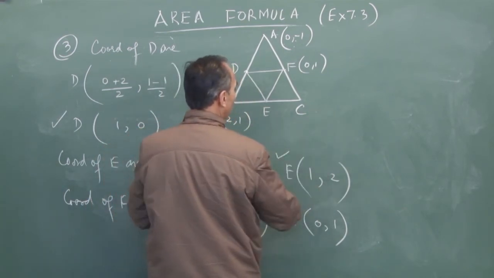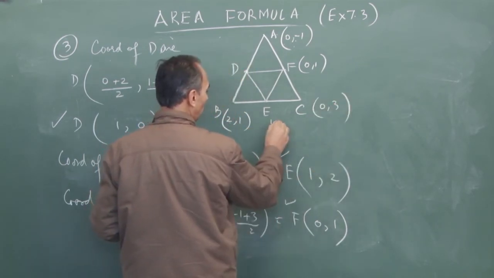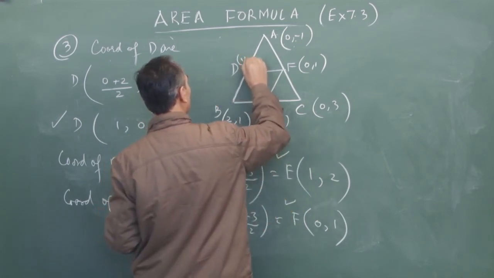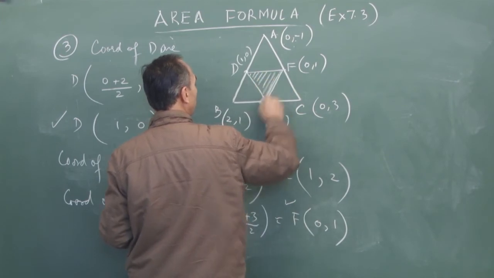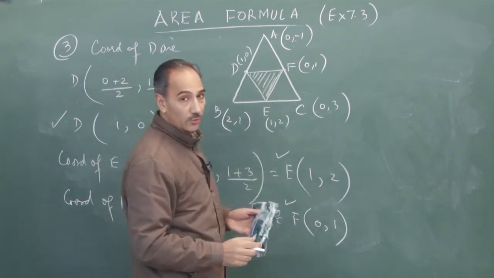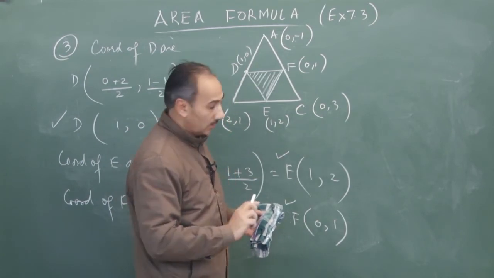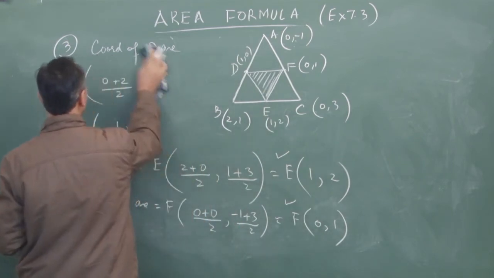And coordinates of D are 1, 0. We have to first find area of triangle DEF as well as area of the main triangle, then find the ratio of this small triangle to the bigger triangle. So we have to apply area formula twice.